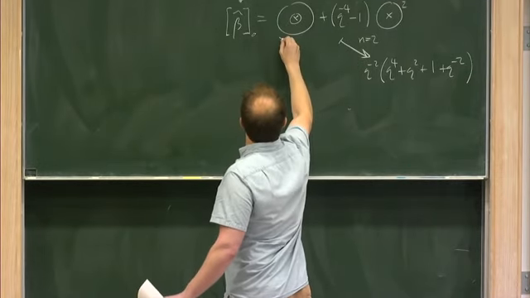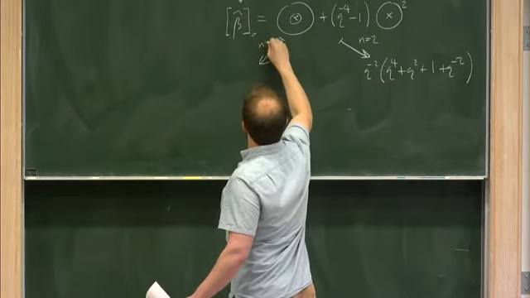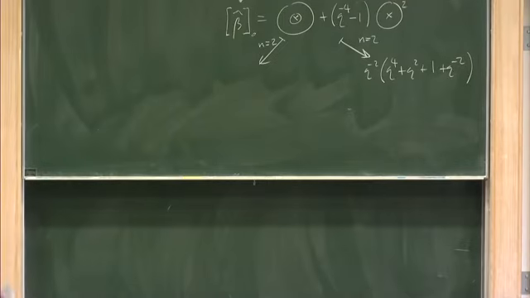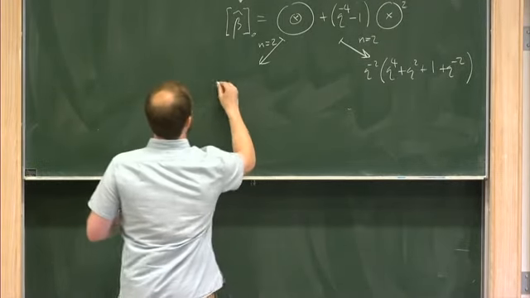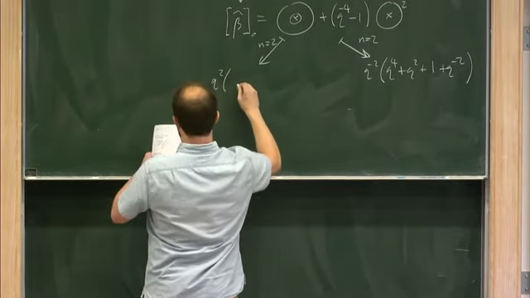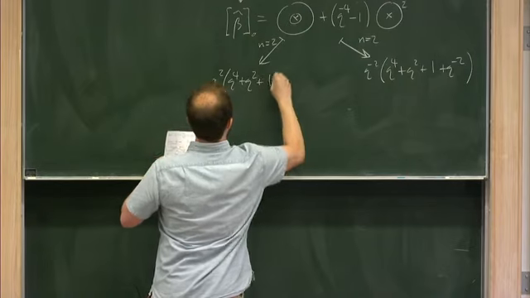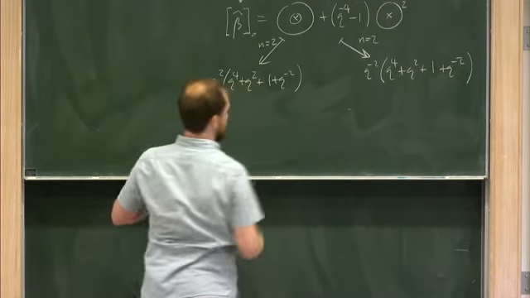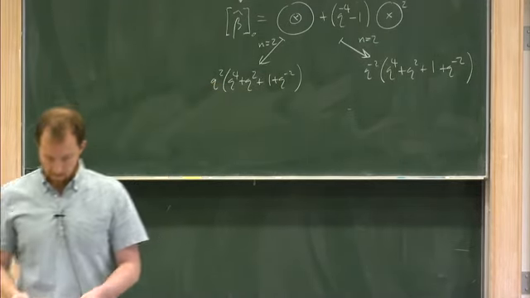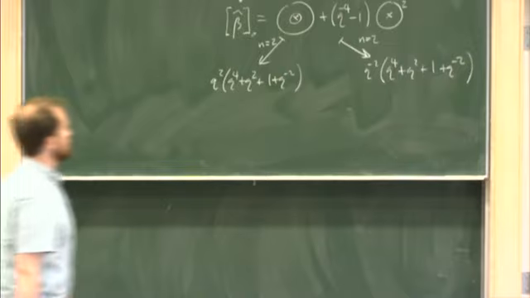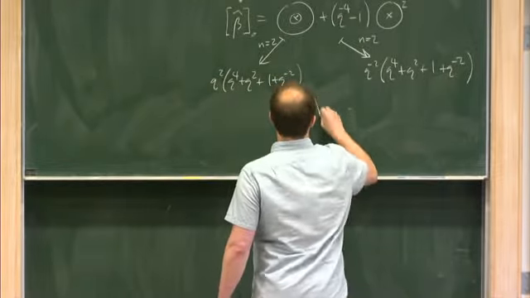I could also do the n equals 2 version over here, which involves flipping that q to q inverse. And when I do that, I actually end up getting q to the 4 plus q squared plus 1 plus q to the minus 2. So now two different ways to get the same polynomial. In both cases, this is the Jones polynomial.